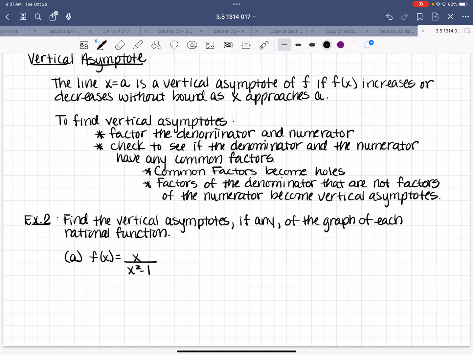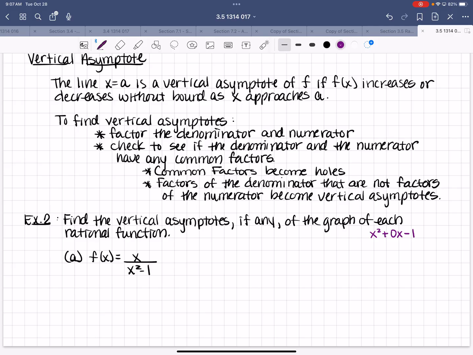So what we need to do is factor the numerator and denominator. Mainly, we need to factor that denominator. So we've got x squared minus 1. You need to remember what x squared minus 1 really is: x squared plus or minus 0x minus 1. So I'm looking for what multiplies to be negative 1 and adds together to be 0.